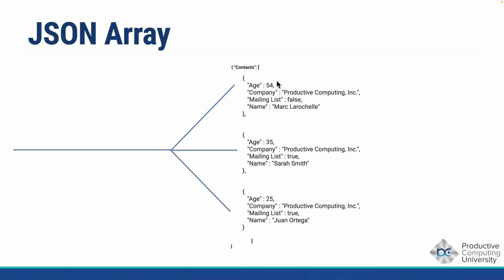So the completed JSON payload, if you will, or the completed JSON object will look like this. We'll have our key contacts with an array. The first item in the array is an object itself, a JSON object containing 4 fields or 4 keys and their associated values.